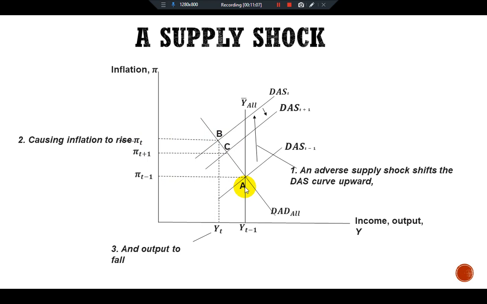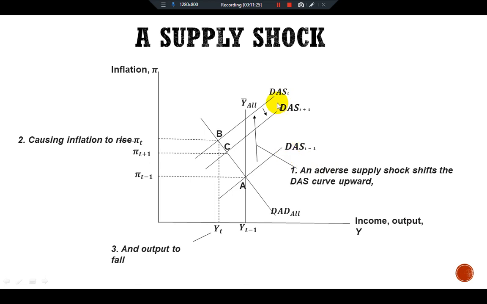So these figures show the result in period t, when the economy faces a supply shock, and the dynamic supply curve shifts upward from this point to this point.